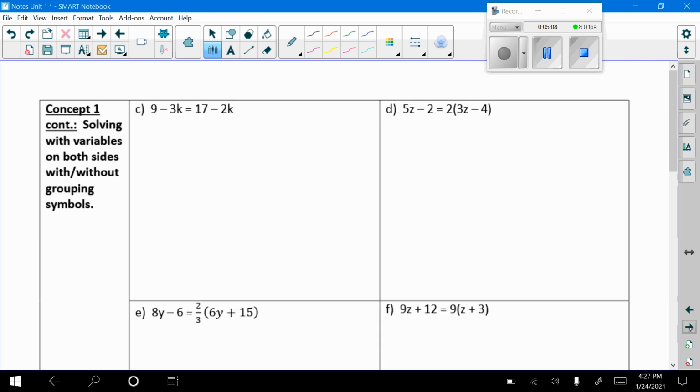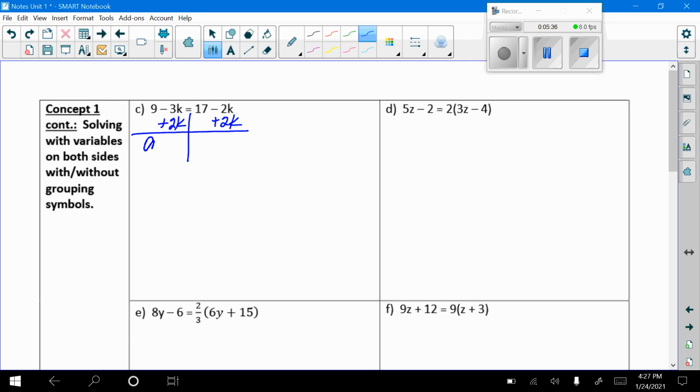So with those steps, now we're going to start out with example number 1. Example 1, line down the middle. I suggest you move your variables to the left because it's a consistent way of doing things, kind of keeps you in the rhythm, a nice process. So here I don't see any parentheses, so I don't have to distribute, but I'm going to move my variables to the left. So add 2k, add 2k.